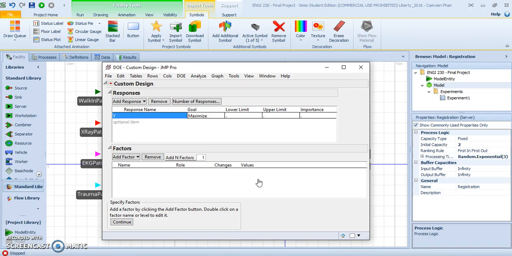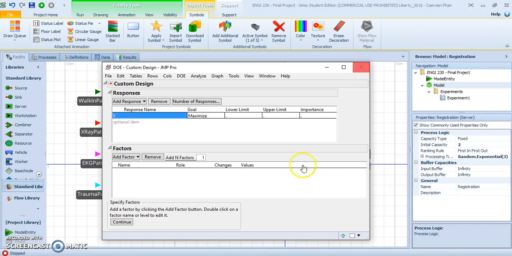For the other 5 factors, the options are 0, 1, or 2. I can hire none, hire 1, or hire 2, whether it's a triage clerk, accountant, or x-ray technician with an x-ray machine. But for treatment, I'm just going to hire either 0 or 1 doctor. So it's 2 levels for that and 3 levels for the rest.